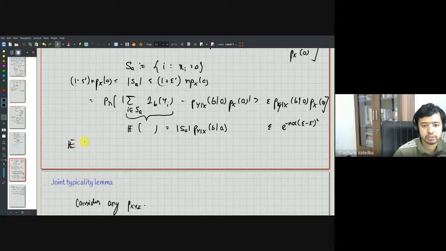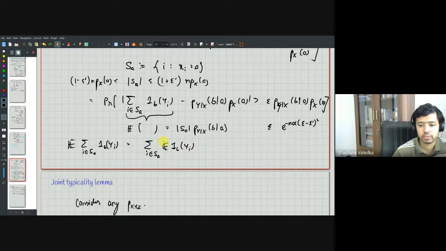The expectation of the summation over i in S_A of the indicator function B of y_i, which is just the summation over i in S_A of the expectation of the indicator function B of y_i. But what is this equal to? This function is 1 when y_i equals b and 0 otherwise. So what is the expectation of this quantity?